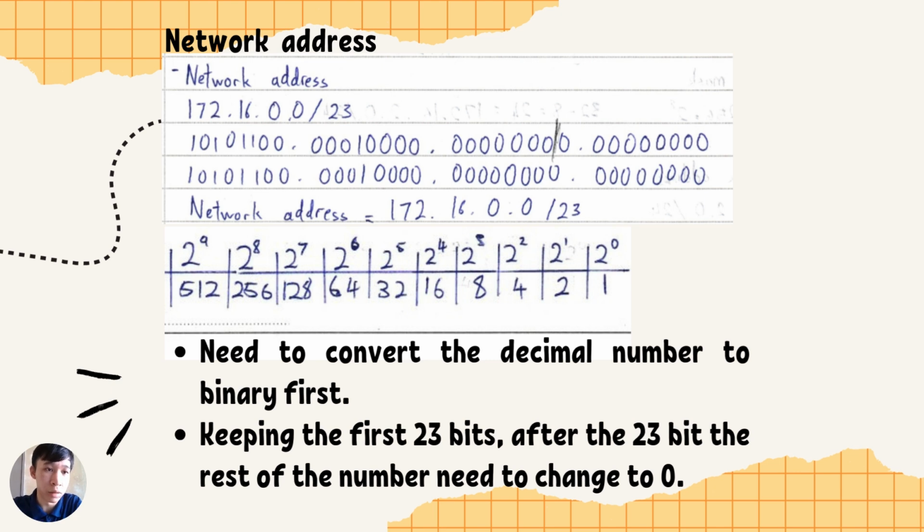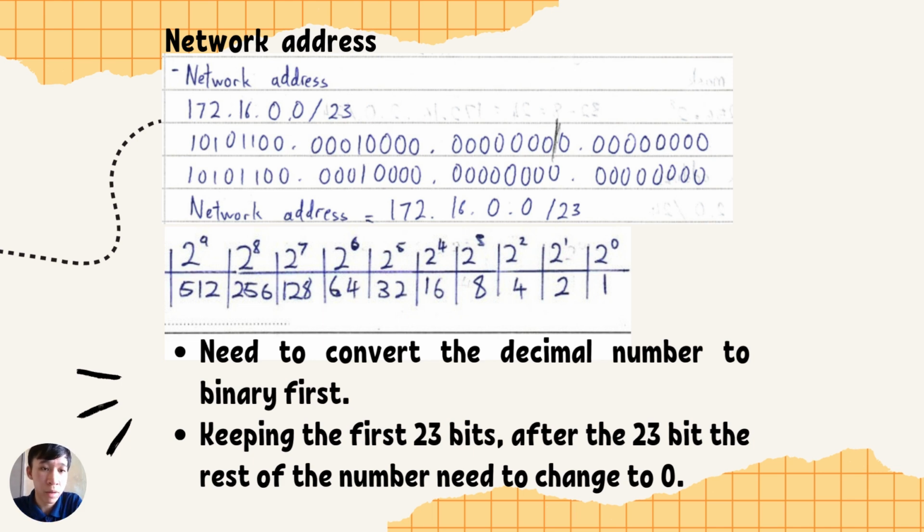For 172, we use 128 plus 32 plus 8 plus 4. The numbers we use we put 1, and the rest we put 0. For 16, we put 1 at the 16 position and 0 for the rest. And for 0.0, all the bits are 0.